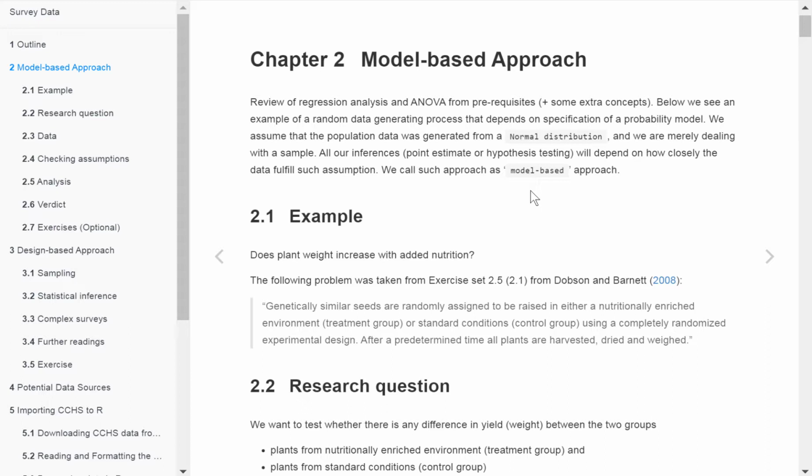Since this model based approach is operating under the condition that you have a specific distribution, all of the inferences that you make out of this model based approach are based on how good your assumption is.